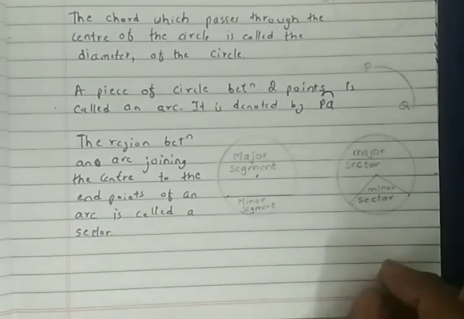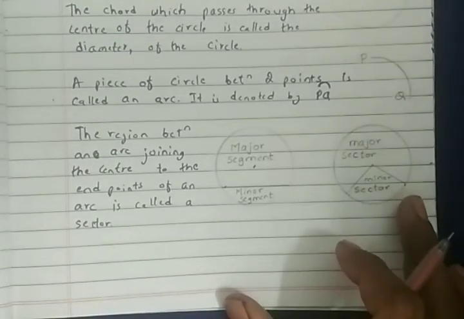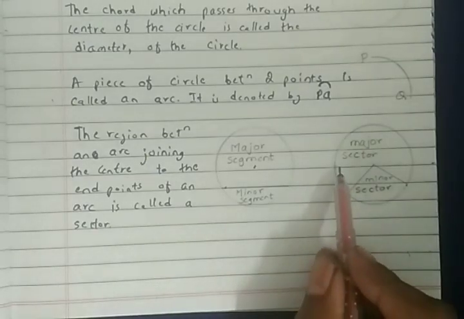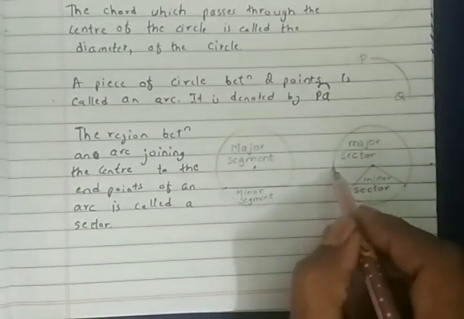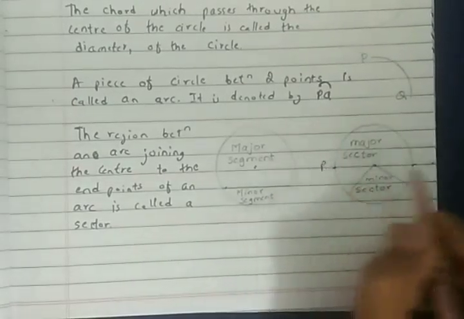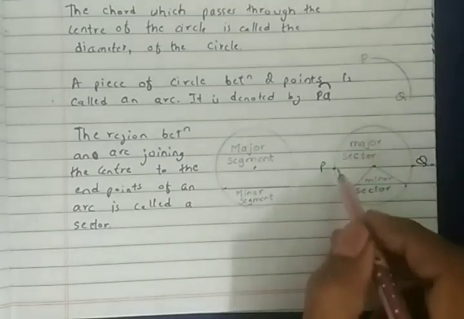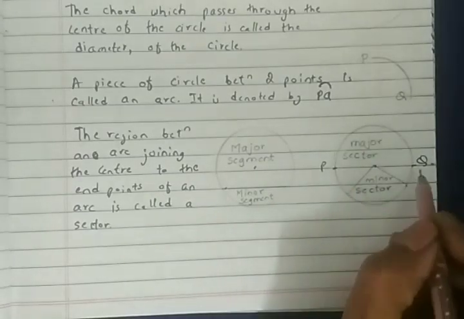Okay. Now we will see that when these two arcs are equal of any circle, suppose if you take this arc PQ, right, it is equal, so this becomes the semicircular region, right?